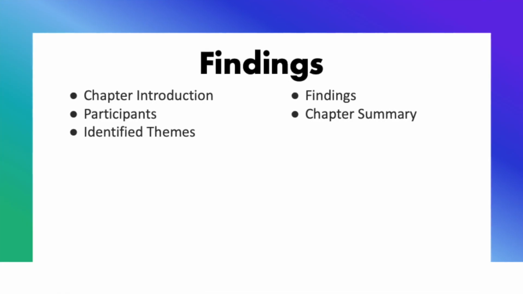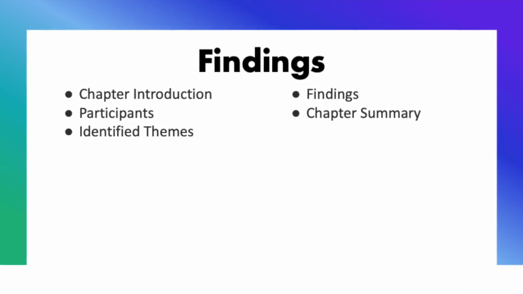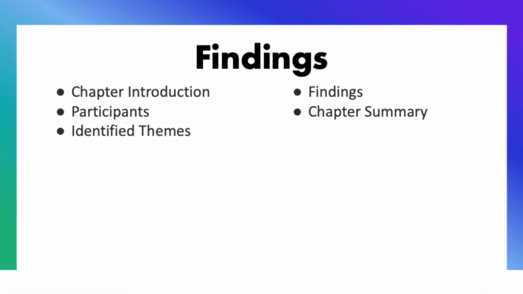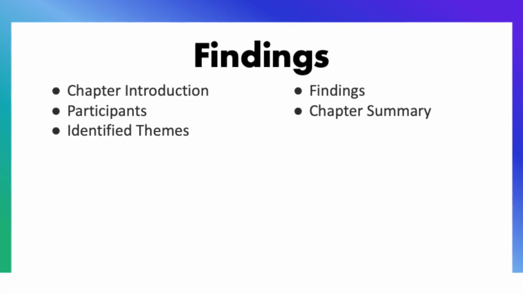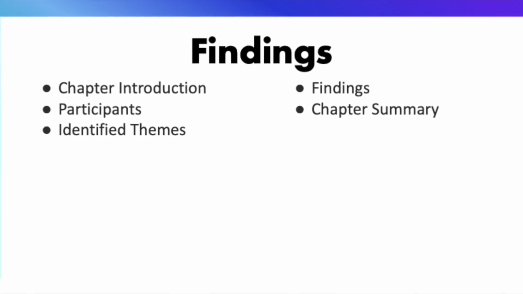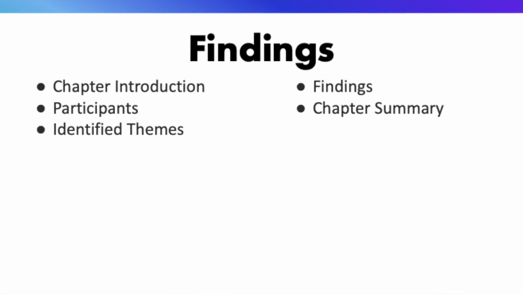Here's what you will include in the findings chapter: a chapter introduction, the description of the participants, any identified themes that you came up with in your data analysis, the findings from your identified themes and your data analysis, as well as a chapter summary. Now again, check with your dissertation chair to see what else they'd like in chapter 5. For my doc students, that's what you can expect that you'll write up in chapter number 5.